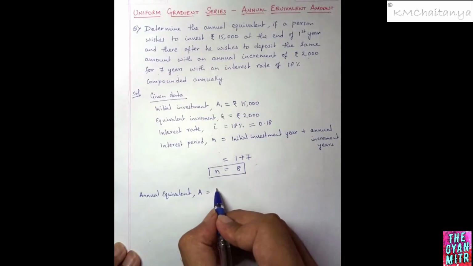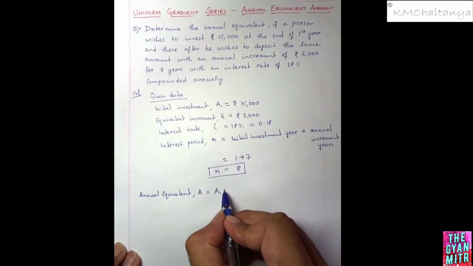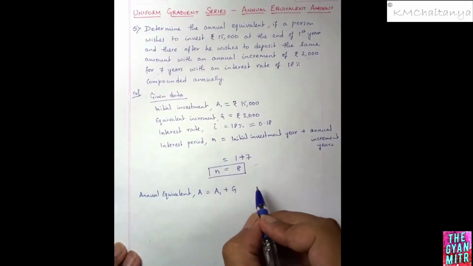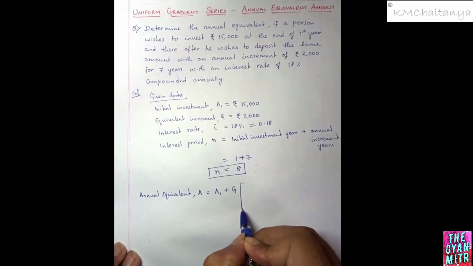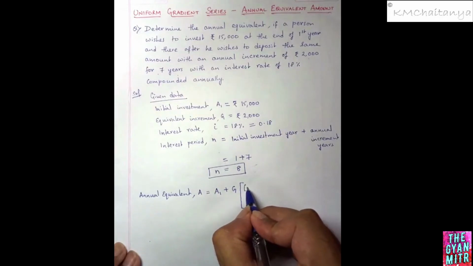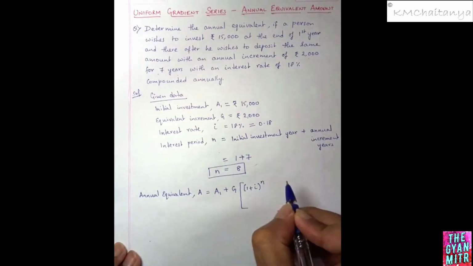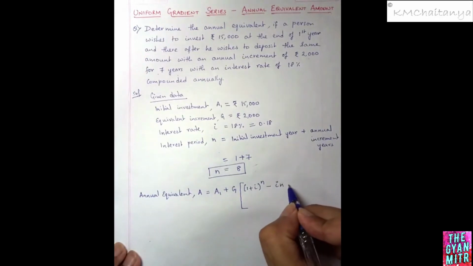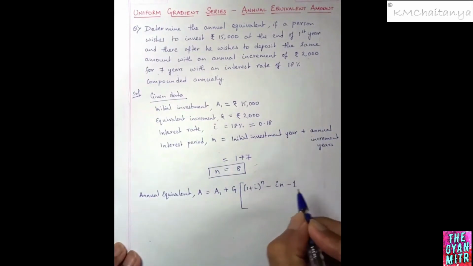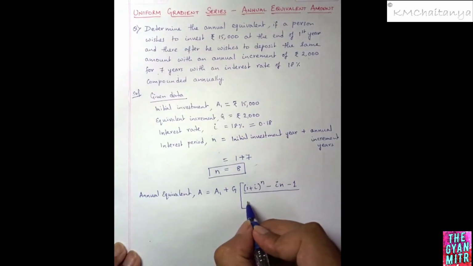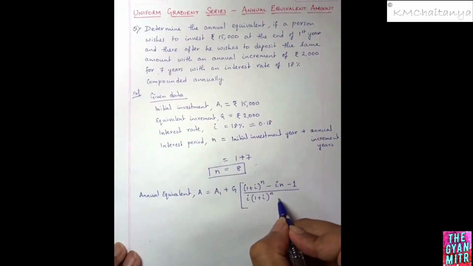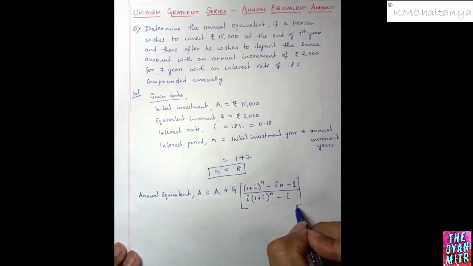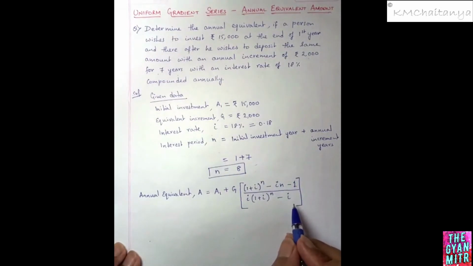It is given by A1, which is the initial investment, plus G, that is the equivalent increment or the annual increment, multiplied by, this is quite a big equation, ((1 plus i) to the power of n minus i n minus 1) whole thing divided by i into (1 plus i) to the power of n minus i. It is quite a big equation to remember, so there is no other option. You are supposed to memorize it.